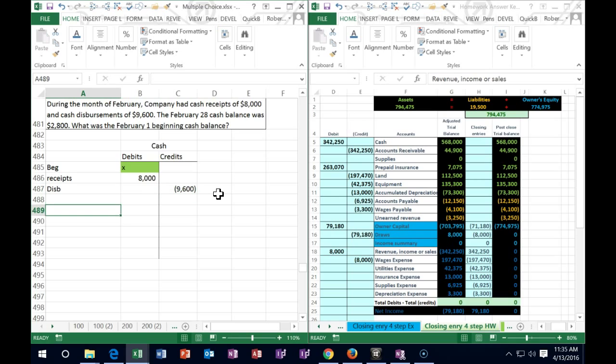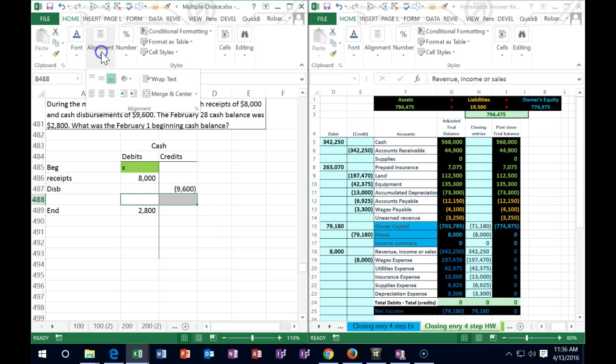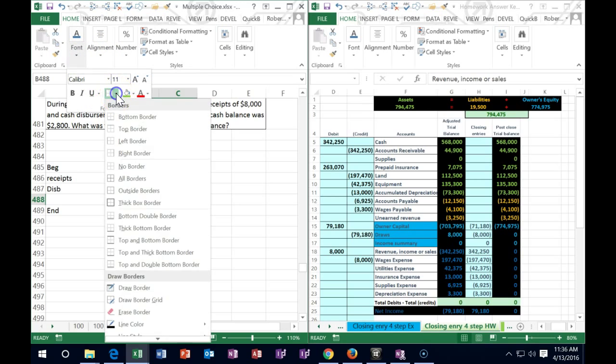And then the ending balance. They're going to give us what the ending balance is, which is the total debits minus the total credits. So the ending balance is going to have to be a debit. Why? Because it's always a debit. The debits always win. It's a cash account of 2,800. So this is the ending balance here. I'm going to underline that and say they gave us the ending balance number.